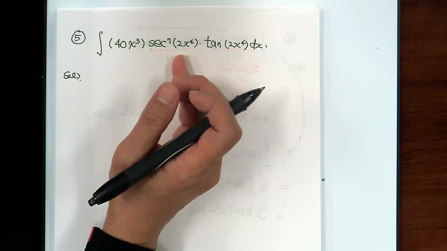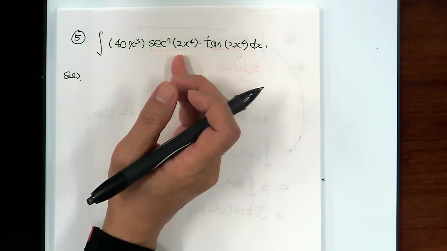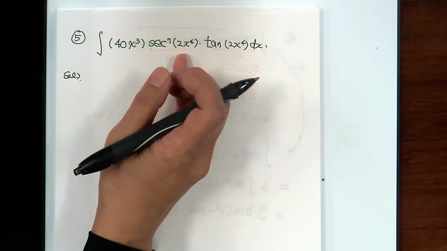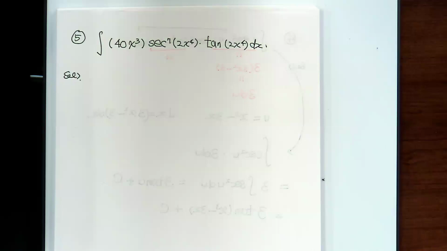But if we think about the secant function primarily, and then think about the derivative, then we have secant and tangent. So we get an idea to break secant to the 7th power into secant times secant to the 6th power, right?